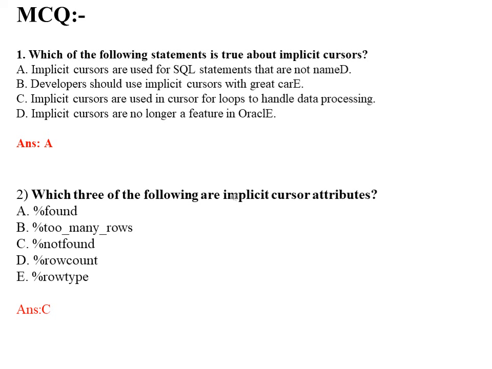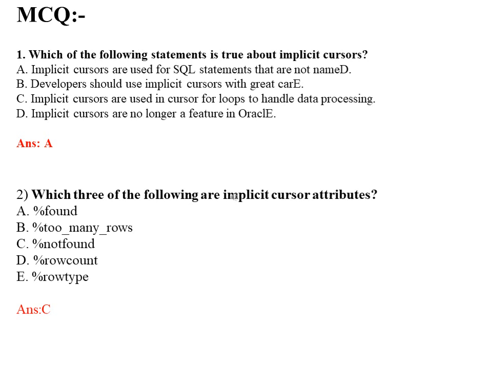Some of the MCQs, multiple choice questions, are here. Question number 1. Which of the following statements is true about implicit cursors? Option A. Implicit cursors are used for SQL statements that are not named. Option B. Developers should use implicit cursors with great care.